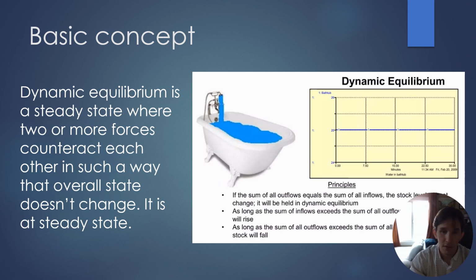And if the influx and outflux match each other, we would have water at a certain level. And as long as they are matched, the level will be maintained.